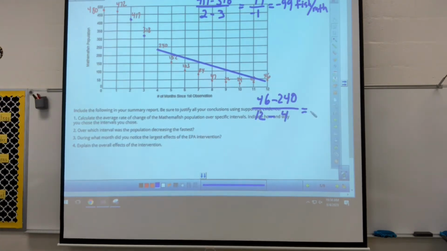So 46 minus 240 is negative 194, divided by 8, gives us a negative 24.25 fish per month.